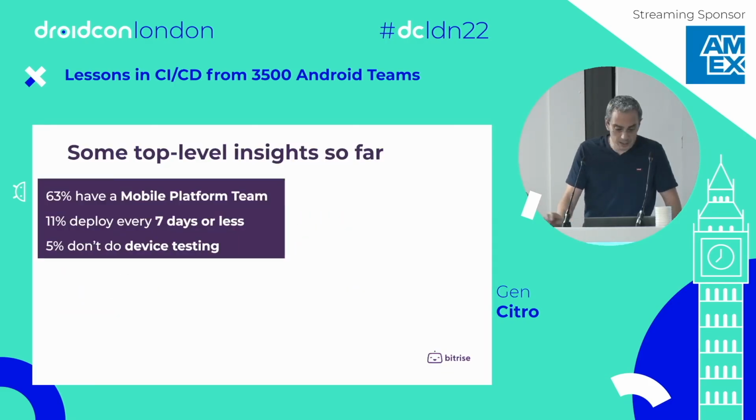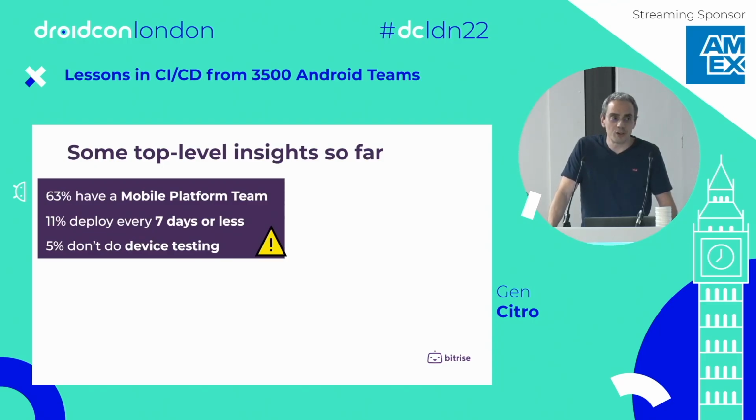So some top-level insights so far. 63% of teams globally have a mobile platform team. 11% deploy every 7 days or less. And 5% don't do device testing. Anybody want to put their hands up if they don't have a mobile platform team?